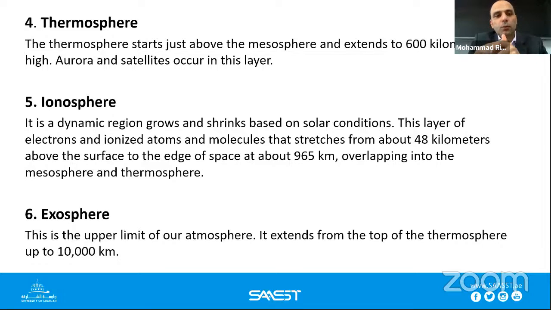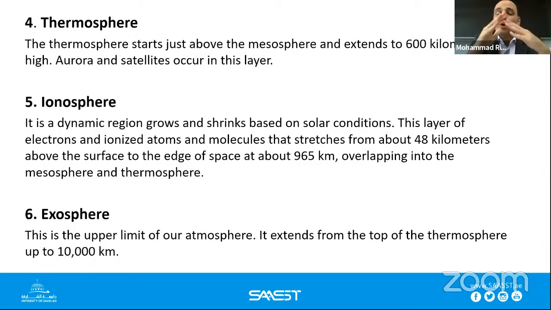And the ionosphere, we know the ionosphere is a dynamic layer, and it consists of ions, electrons, and charged molecules. This layer is stretched from 48 kilometers above the surface.